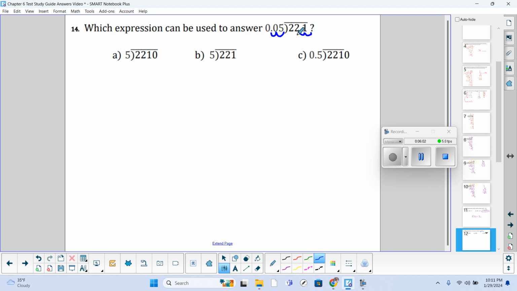Moving a 1 over becomes 221, and moving a 1 more over becomes 2,210. So it's 2,210 divided by 5, which is this answer right there. Remember, we got to make the divisor, the number outside the house, or the number dividing our decimal, a whole number.